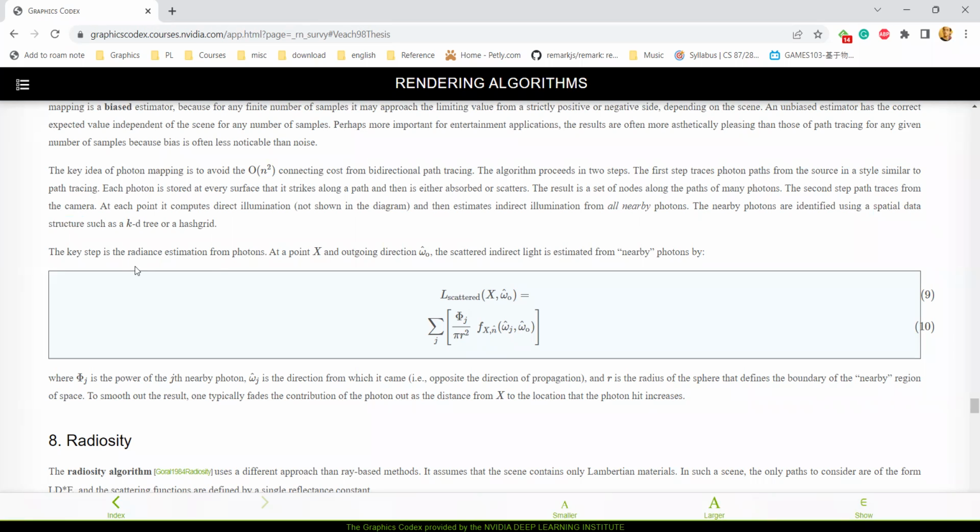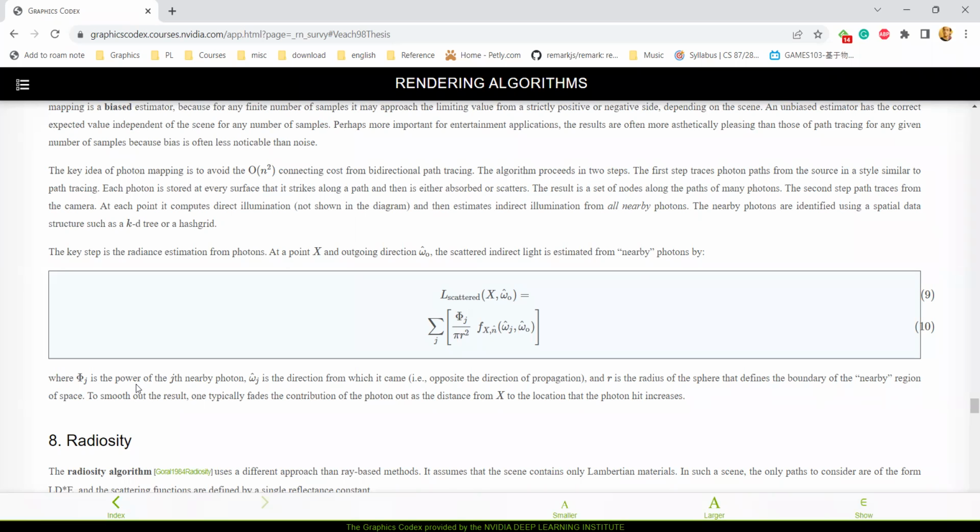The key step is the radiance estimation from photons. At a point x and outgoing direction omega 0, the scattered indirect light is estimated from nearby photons by this formula. What is this? Phi, yes, phi, the photon power.